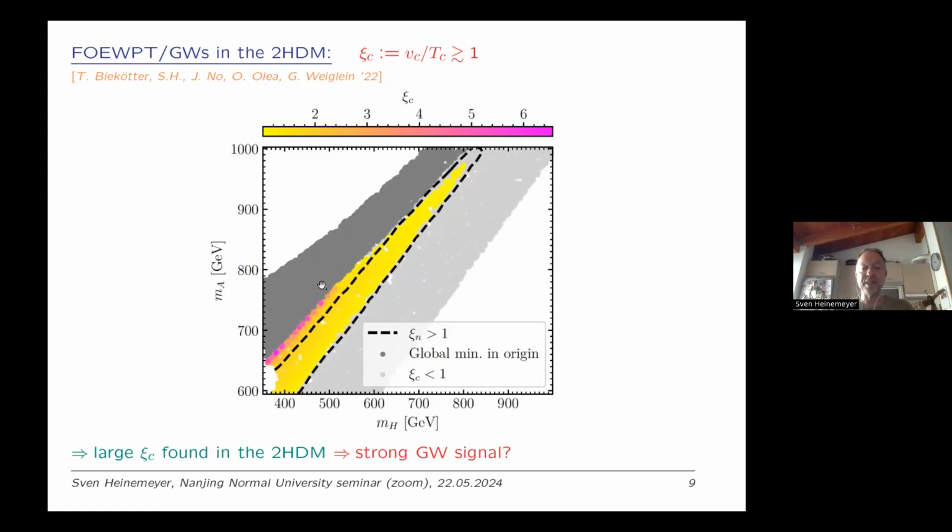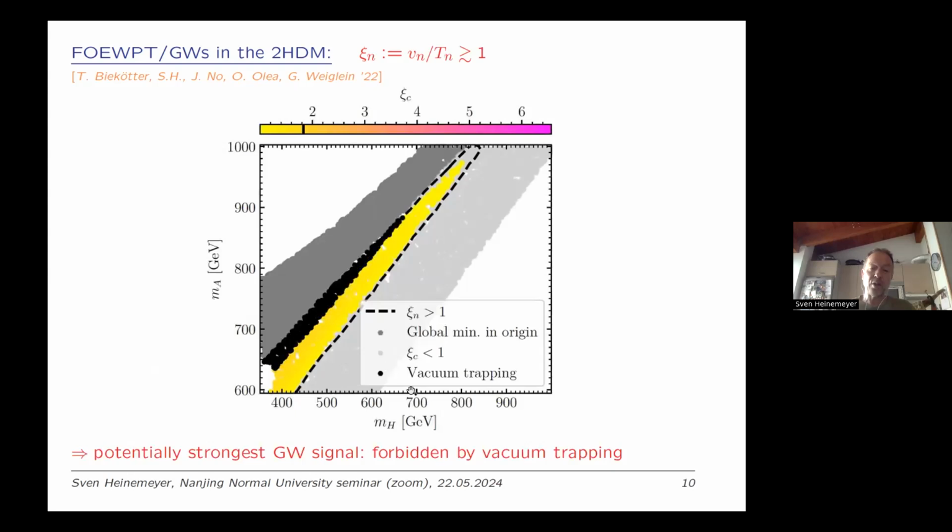And one can see that the points with the largest Xi-C, where the strongest phase transition and the strongest gravitational wave signal was expected, is actually excluded by the requirement that the transition actually takes place. And this is the area that we like to call vacuum trapping.